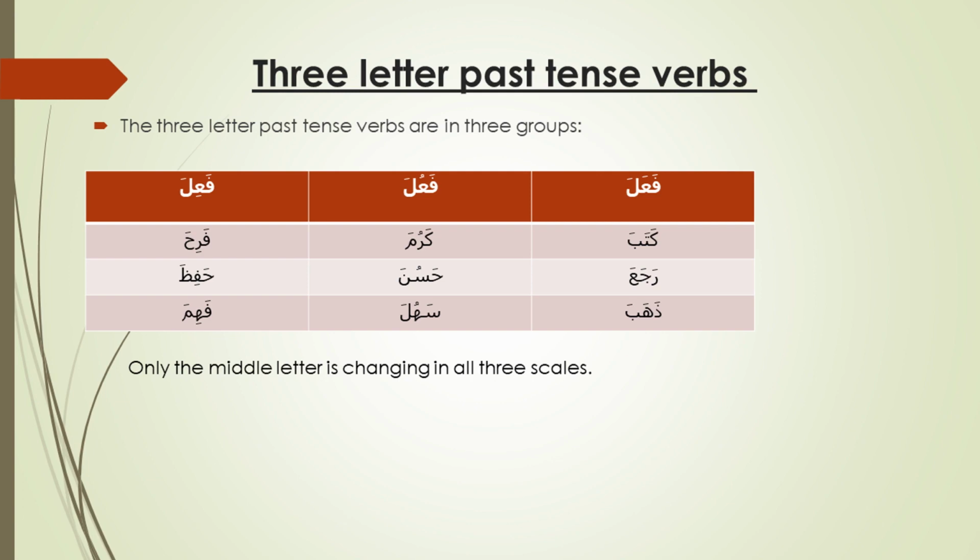That's the three. The verbs will go back to one of these three. And I mentioned here, only the middle letter changes in all three scales.